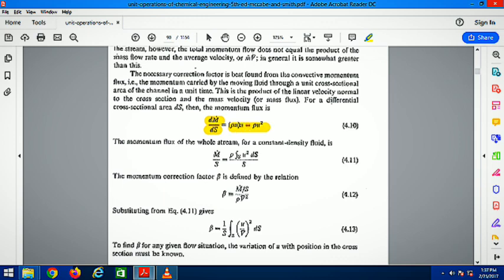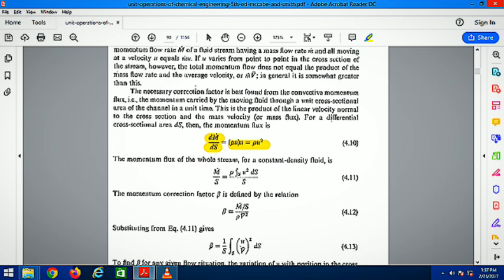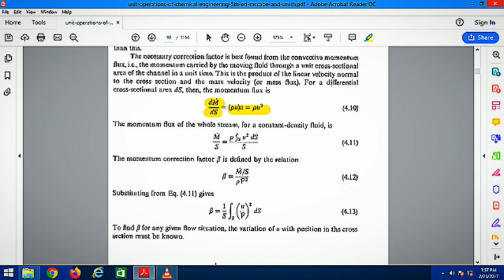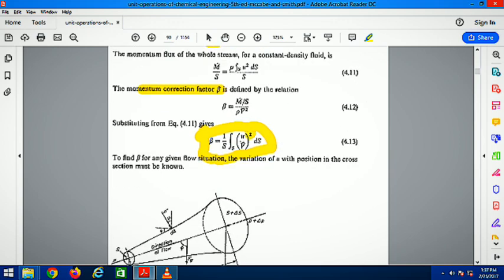dM upon dS is rho u square. So we can actually get it from the momentum upon time upon area, and it's equal to rho u square. We must remember this. And for the momentum correction factor beta, it is nothing but 1 by S integral of (u by V bar) whole square dS.